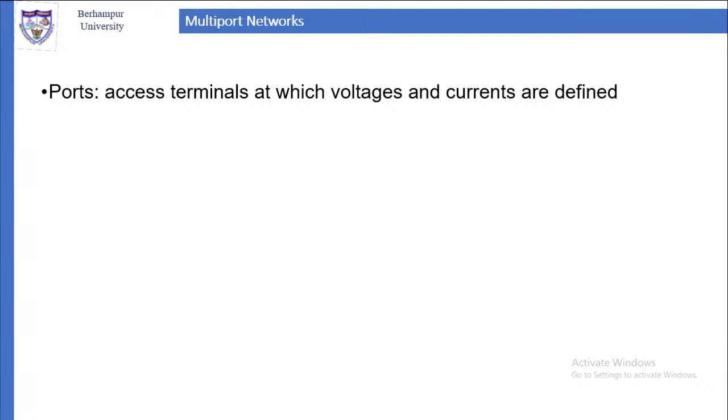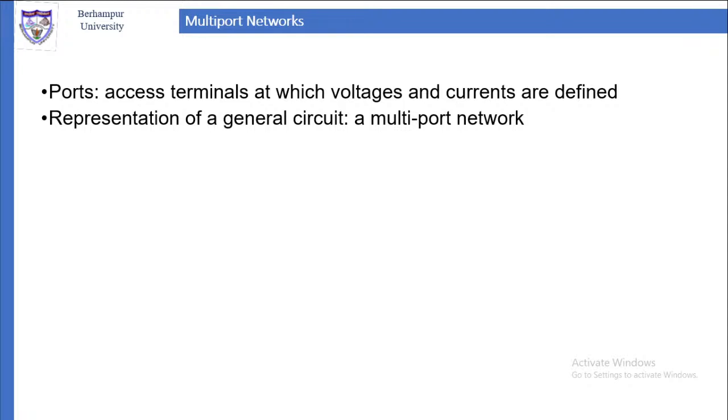These points are called the terminals of the circuit, and these access terminals at which we define the voltage and currents available in the circuit are called ports of the circuit.